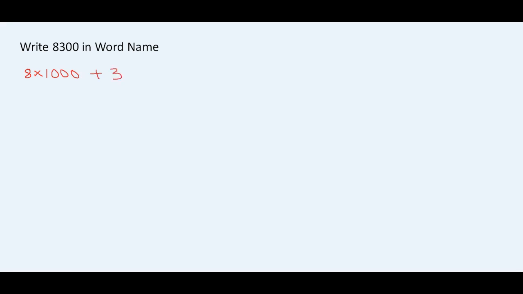There are two digits after it, so we multiply by 1, and we have two zeros, plus 0, multiply by 1, there's one digit after it, plus 0, and then we multiply by 1, no digits after it. So we have 8,300.